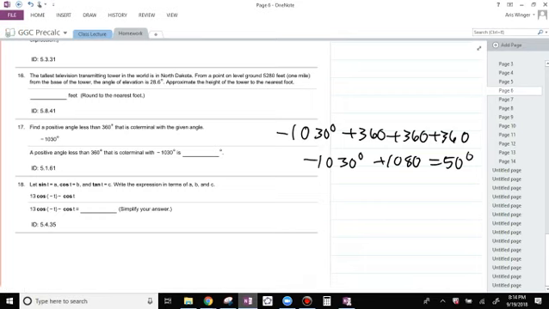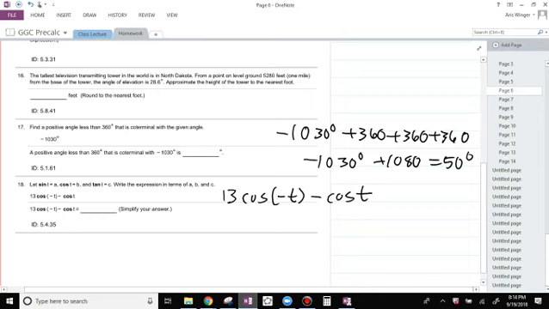We need to know about whether sine is even or odd and cosine is even or odd. So 13, the cosine of negative t minus the cosine of t. The minus sign doesn't matter, right? 13 cosine of t minus the cosine of t is 12 the cosine of t. And they just wanted to call the cosine of t b, right?